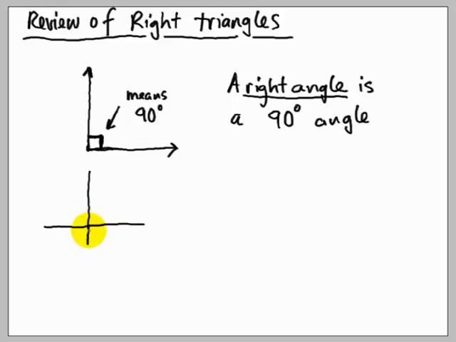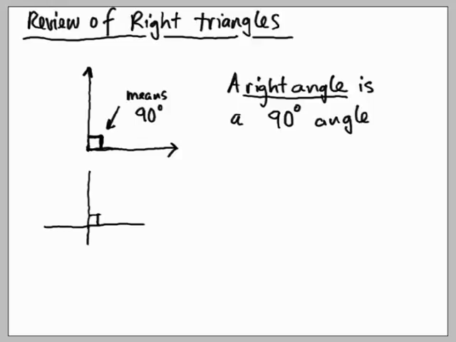Maybe your eye is not fine enough to tell the difference between a 90-degree angle and a 91-degree angle, or an 89-degree angle, right? So if you have a geometry picture and there's no little square there, you're not allowed to assume that's 90 degrees, okay? If that little square is there, then you can say with certainty that that's 90 degrees. Otherwise, you're not allowed to assume that.